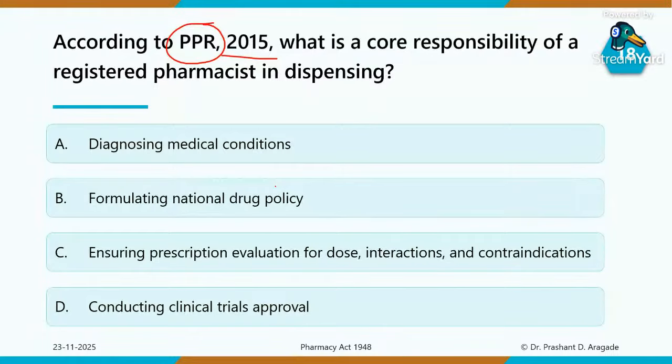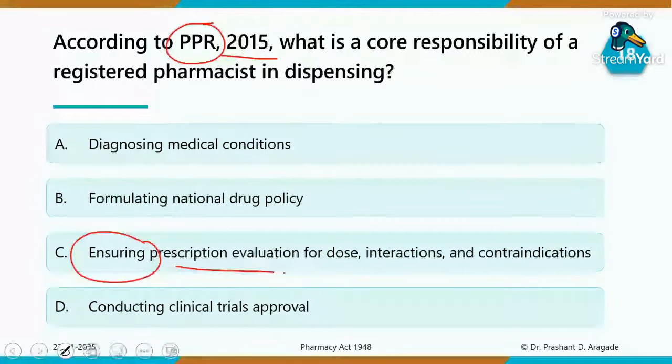But as far as the PPR 2015, that is pharmacy practice regulation, each pharmacist has to ensure the prescription evaluation, the dose, means they have to check the prescriptions very critically, whether the drug-drug interactions are present in the prescriptions or not, or medication errors and the contraindication.